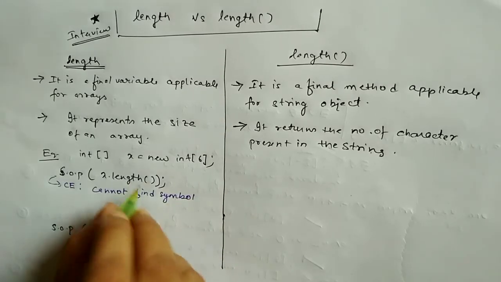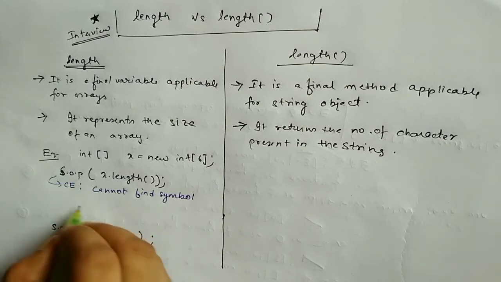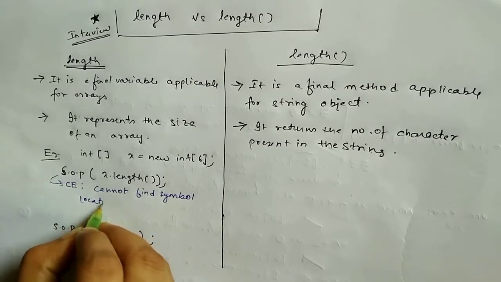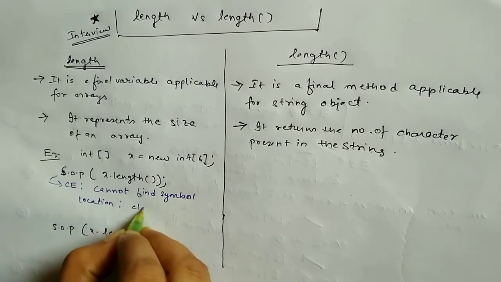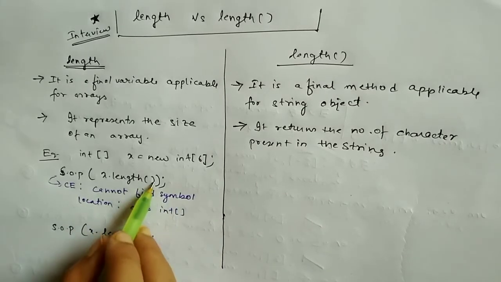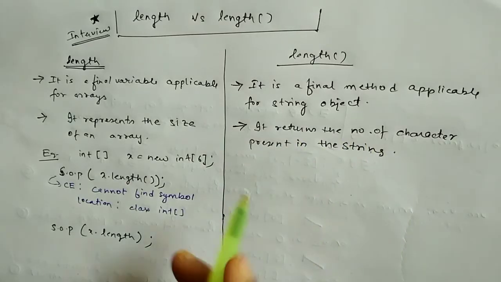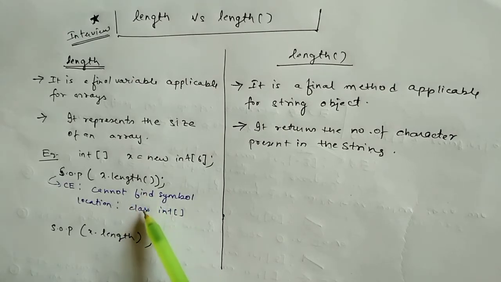What is it looking for? This length method is looking for a string, so cannot find symbol. And the location where it is not finding the symbol is class int. The length method returns the number of characters present in a string.